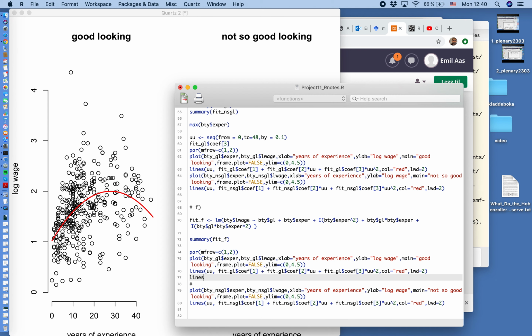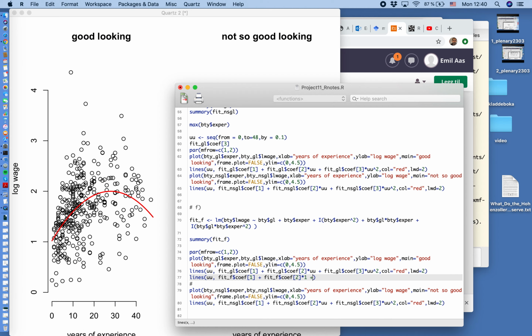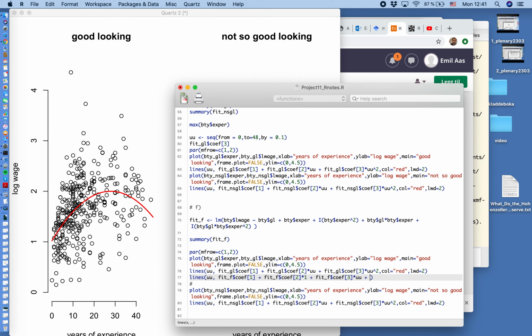So let's do that. Lines UU is then fit F QF, and the interaction term must be included. And remember that this is the good-looking group, so now GL in this model equals 1. So we have fit QF2 times GL, which is 1, plus fit QF3 times UU, which is what we call expr, plus fit QF4 times UU squared.